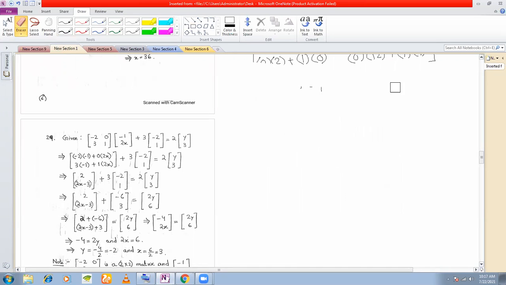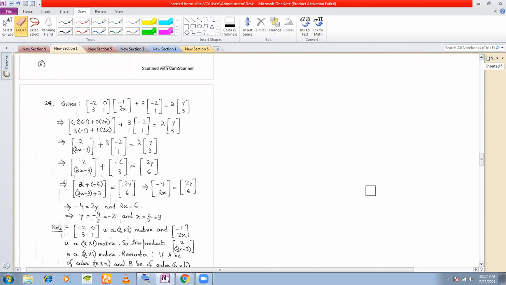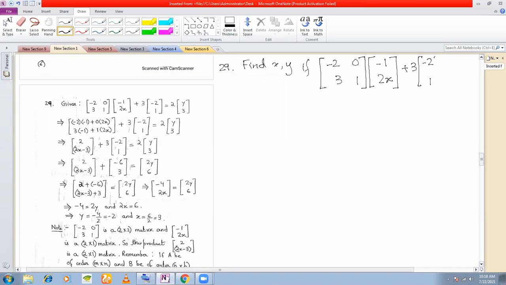Next, number 29. The question here is find x and y if [[-2, 0], [3, 1]] into [[-1], [2x]] plus [[3], [-2], [1]] is equal to twice [[y], [3]].